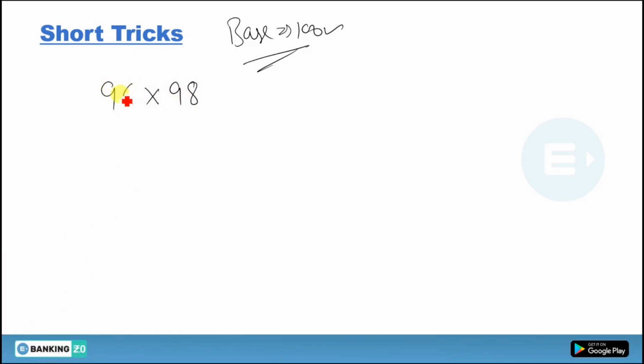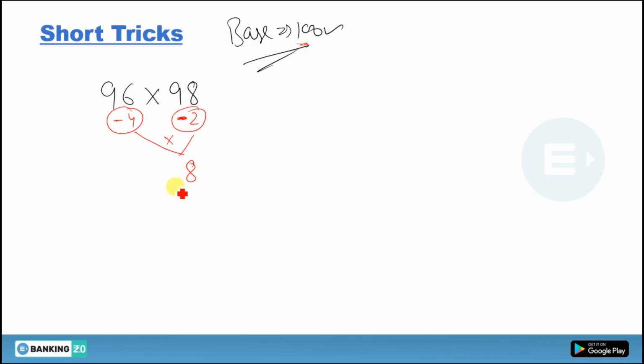See here, this 96 is how much less than 100? This is 4 less, meaning minus 4. This 98 is how much less than 100? This one is 2 less than 100. So I can say this is minus 2. Now do one thing, multiply these. Minus 4 into minus 2, what are you getting? You are getting 8.